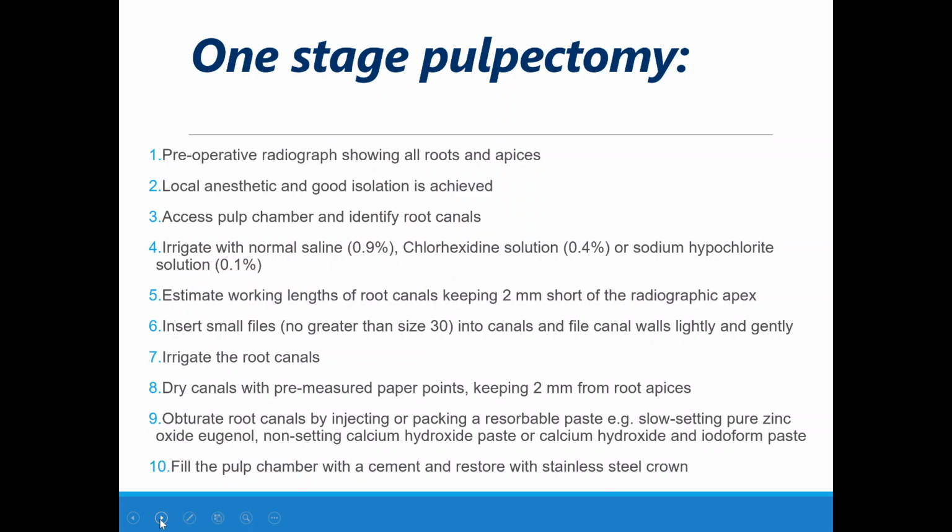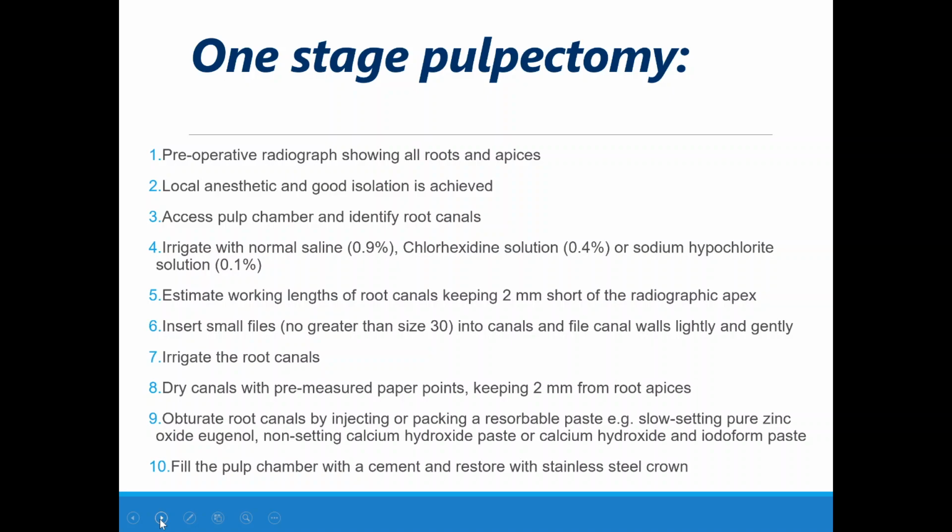Insert small files, no greater than size 30, into canals and file canal walls lightly and gently, because you know that the form of the roots of primary teeth is not so straight as in permanent teeth.